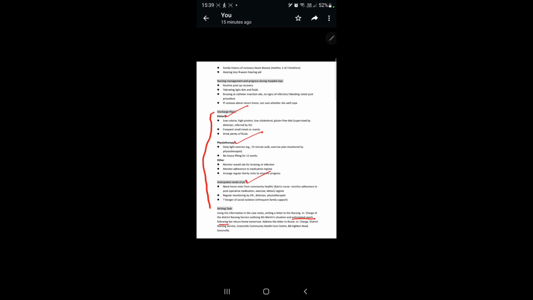What we have in the anticipated needs: district health nurse to monitor adherence to the post-operative medication, exercise and dietary regime, regular monitoring from the doctor, dietitian and physiotherapist, danger of social isolation, right? And secondly, in the dietary plan, we have low-fat diet and all these instructions. We'll see quickly in a moment.